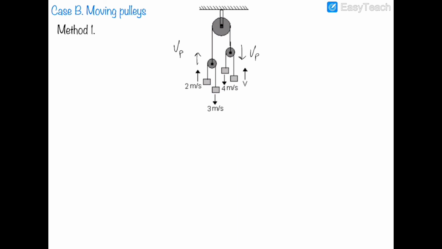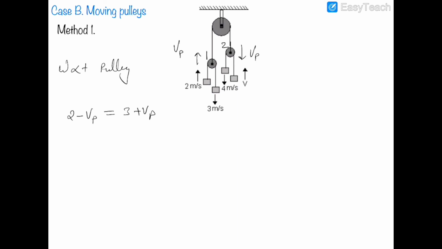So with respect to pulley 1, this is pulley 1 and this is pulley 2, I can say that 2 minus Vp is the velocity of this block with respect to pulley 1, and this will be equal to 3 plus Vp.